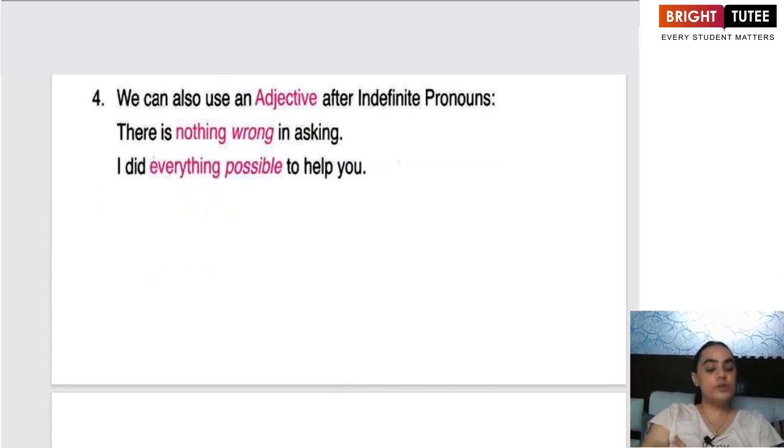We can also use an adjective after the indefinite pronouns. Is there anything wrong with you? Is everything all right? Is anything possible or impossible for you? Is something good in your lunchbox? So we can use an adjective immediately after the indefinite pronoun.